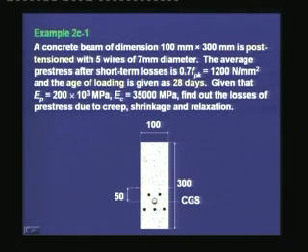Now, before we start the calculations, we need to find out the geometric properties. Here the location of the CGS is given. It is 50 millimeters below the centroid of the section. That means the eccentricity of the CGS is 50 millimeters.